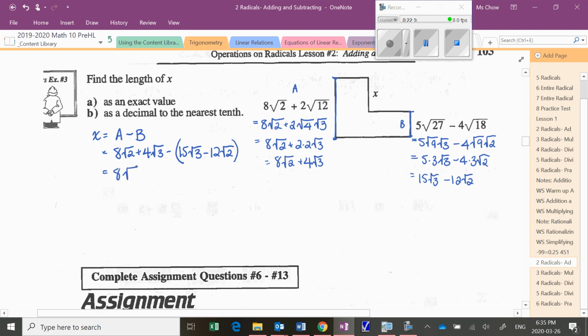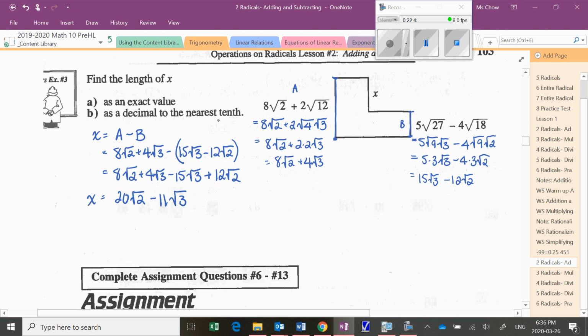So we could rewrite this as 8 root 2 plus 4 root 3 minus 15 root 3, and then minus a negative is the same as plus 12 root 2. So now to clean that all up, combining our like terms, 8 root 2 plus 12 root 2 is 20 root 2, and 4 root 3 minus 15 root 3 is going to then be negative 11 root 3. So that is our exact value.